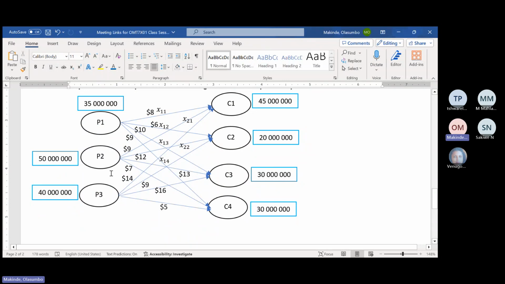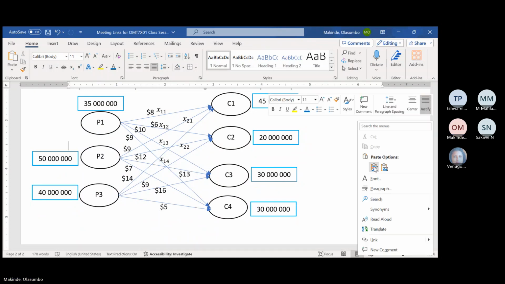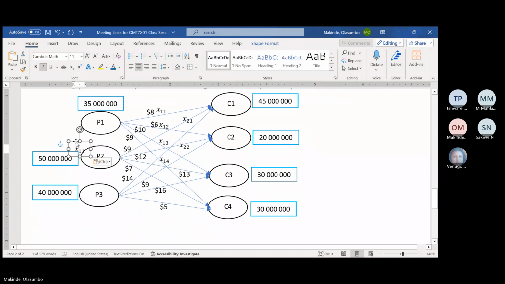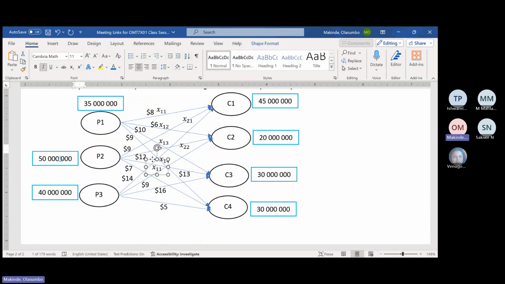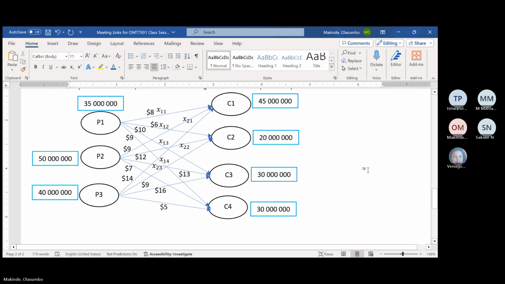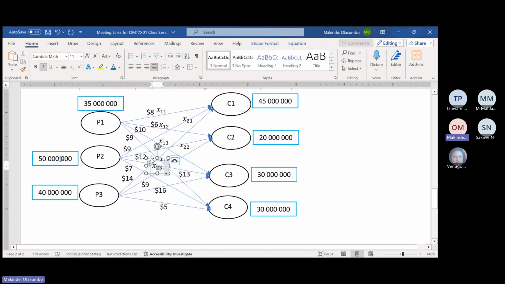Then X23, from plant 2 to city 3. Let me just put it somewhere here, closer, where I can see it. So that I don't mix it with X14, maybe I should place it closer to the side.